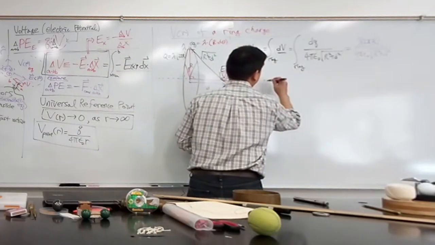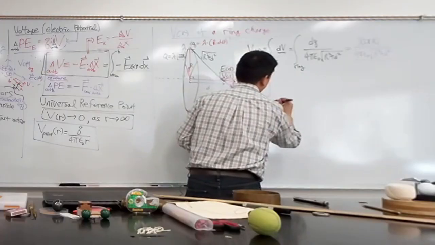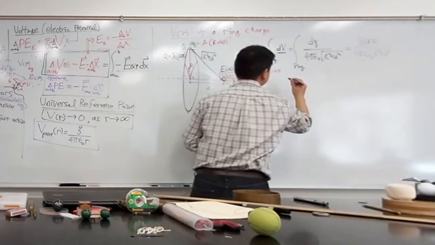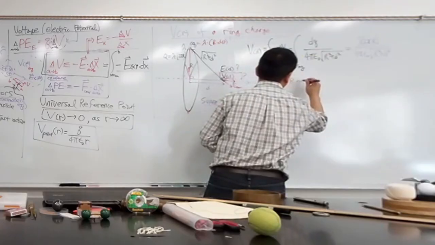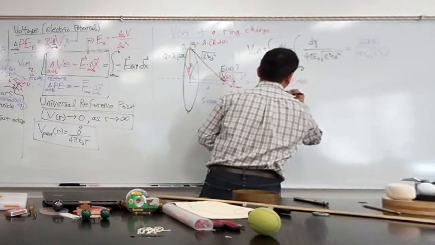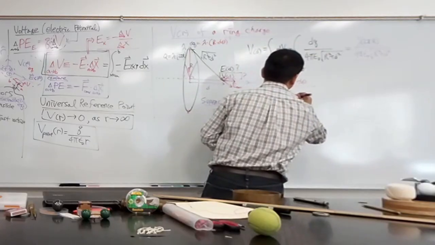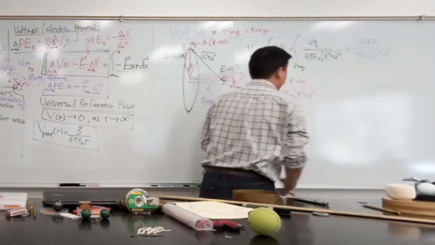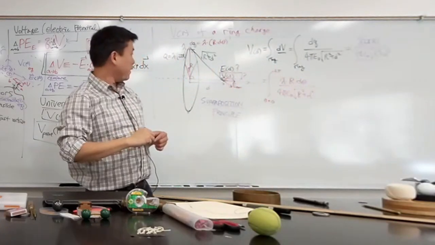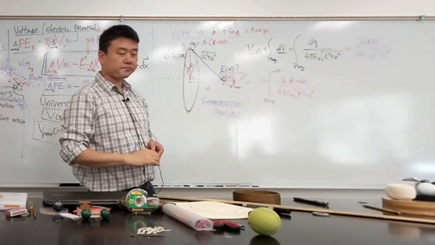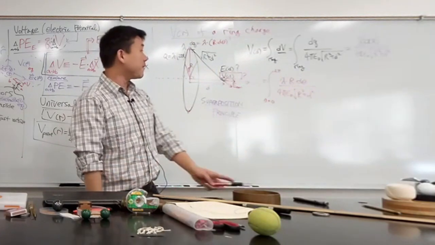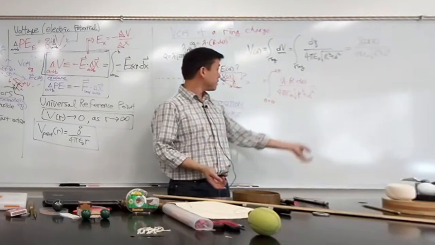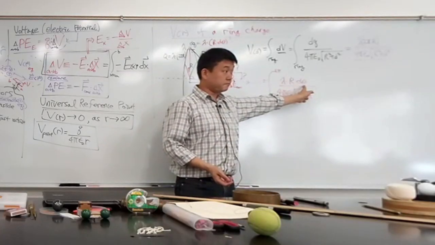The integral over the ring is theta going from 0 to 2 pi. dq is replaced by this, lambda times r d theta over 4 pi epsilon naught square root of r squared plus d squared. And to quiet your mathematical conscience, you go through each one of these symbols. Do any of these change as theta changes?